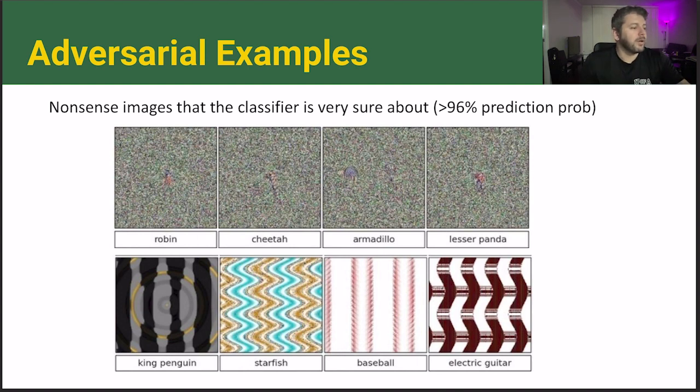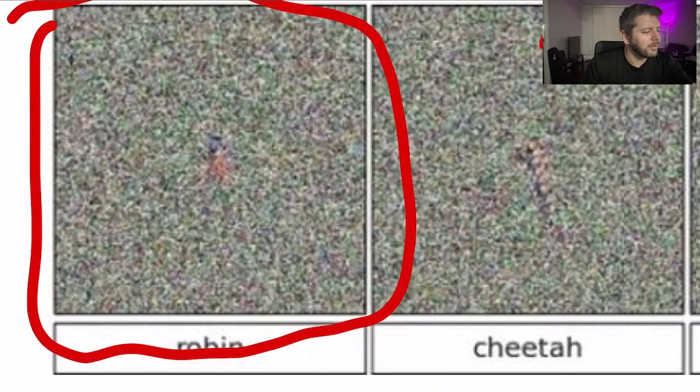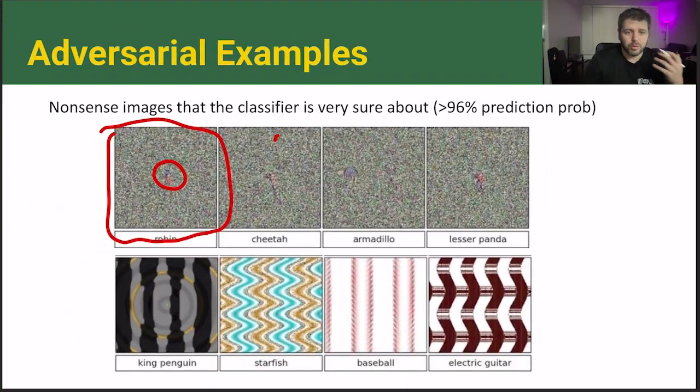And we can also put in images that are very, very noisy as well. So this first one here, the model detects as a robin. This one is a cheetah, armadillo, and a lesser panda. I don't know if I'm just imagining it because I've seen the label first, but there's something quite robin-like about this thing, perhaps not. And then also we can put in some crazier shapes and see, okay, what does the model think these are? So like king penguin down the bottom, starfish, baseball, electric guitar.